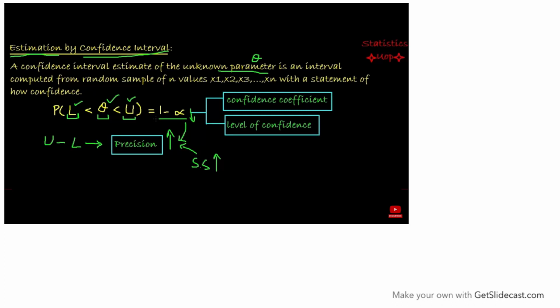It could be event 1, event 2, and until event n, depending on the value you want to give the n, with a statement of how confident it stands. And that is why you have the particular expressions that are confirmed, whether you have it in a confidence coefficient or level of confidence. So these are two things to consider when you're making a precision.